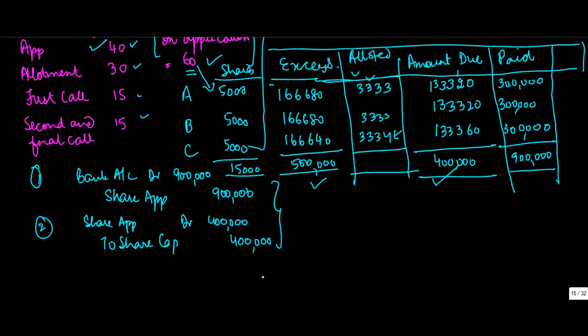Okay. Now what happens to this 5 lakh? There are two things that can be done. Either you refund this, what we saw in the first one. If you refund this, then what will the entry be? You initially credited this to the share application account, so you debit share application account by 500,000 and credit bank account.